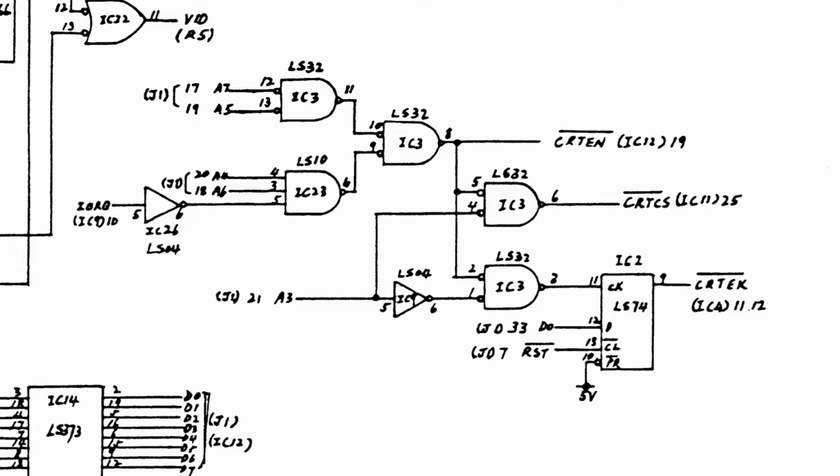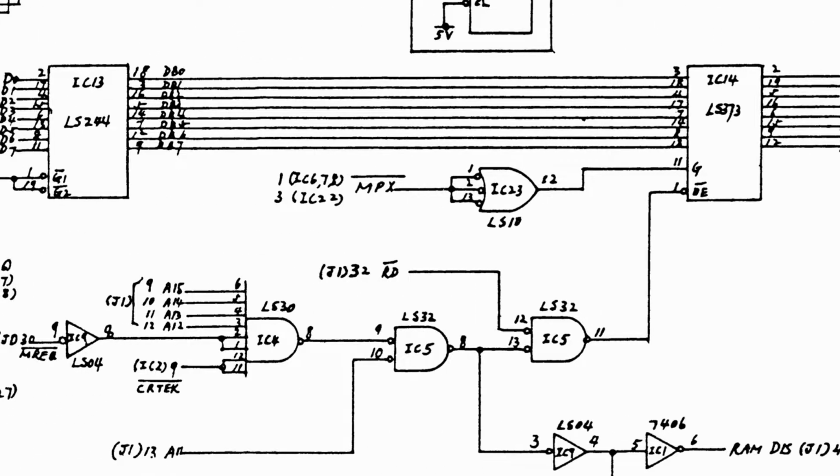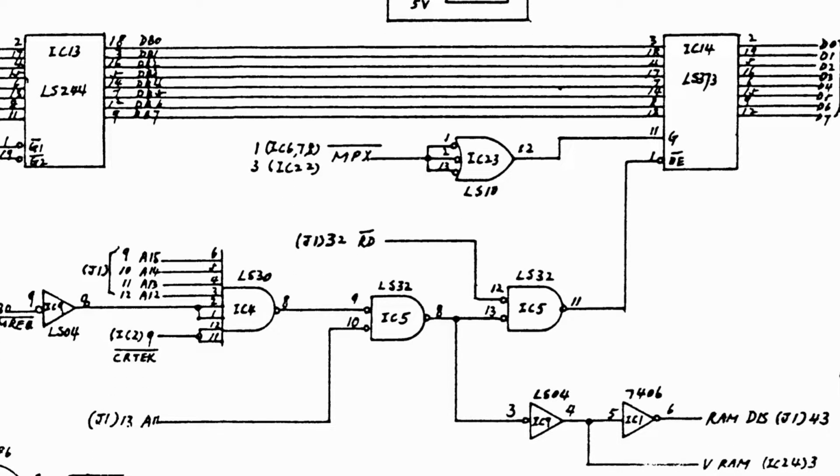And if we head over here, you see if we're doing a memory request over here, combine that with our input from what we looked at just a second ago, when we've decoded port 58 and data bit 0 to get the banking or bank select bit, combine that with the address bits, and we end up, in a nutshell, getting a RAM disable signal, which goes across the bus to the host computer to disable the RAM, and then we get a video RAM enable signal.